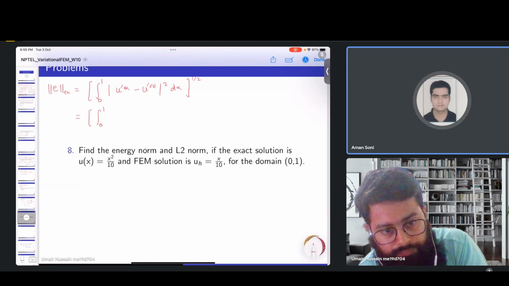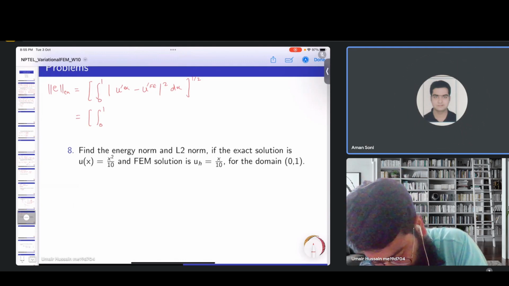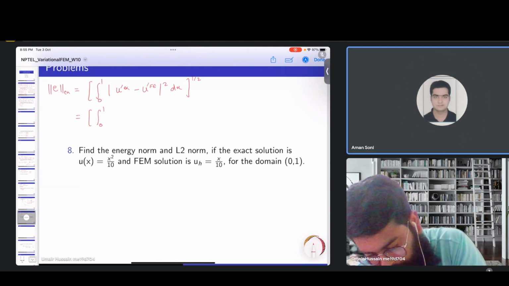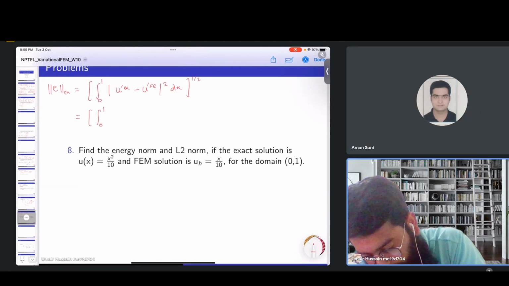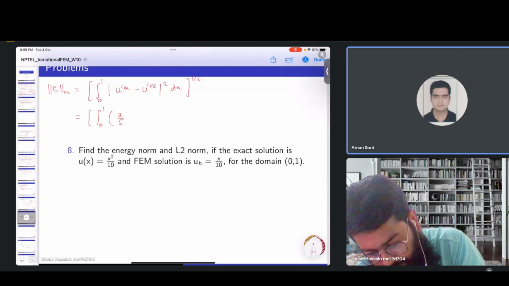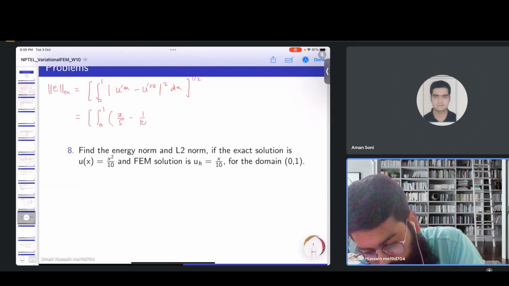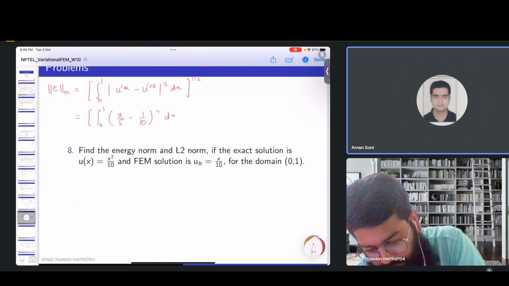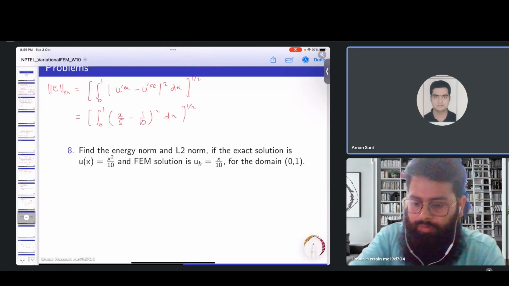2x by 5 is this one, and this one is x by 10 squared, and we have 1 by 10, dx.